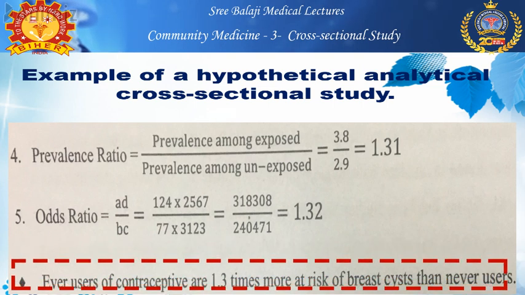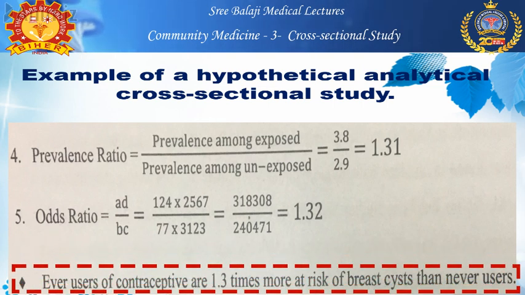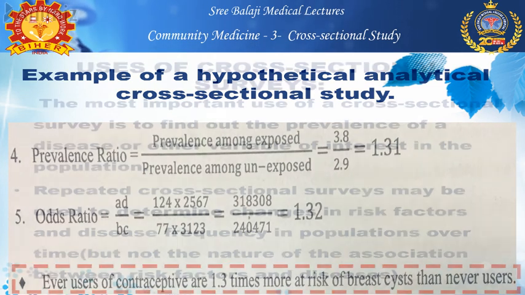Those who use contraceptives are 1.3 times more at risk of breast cyst than those who do not use contraceptives. So we can analyze the data from a cross-sectional study and infer the data with respect to these different types of prevalences.